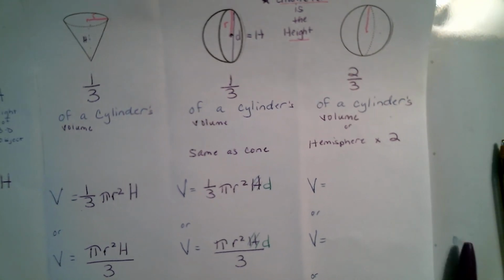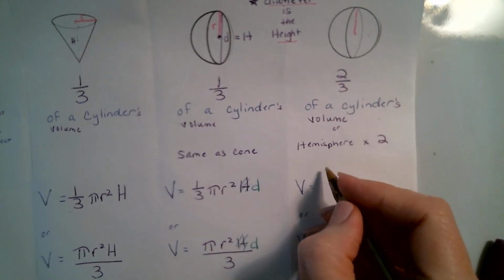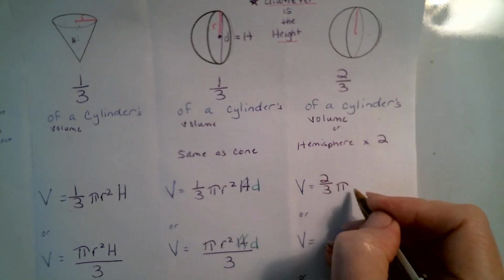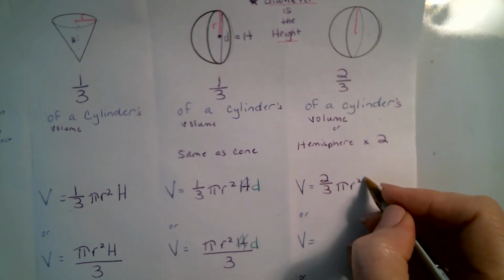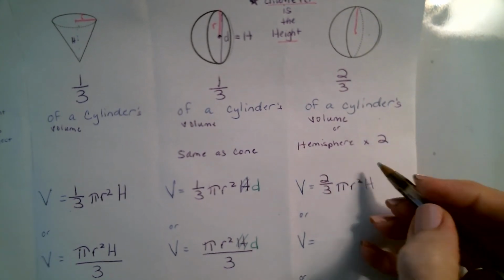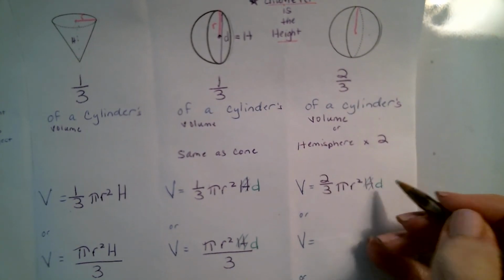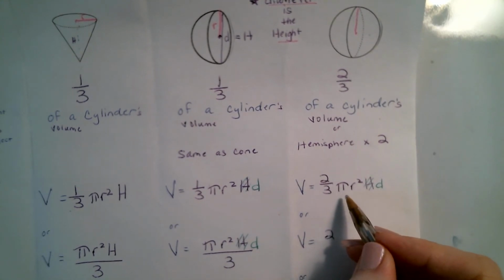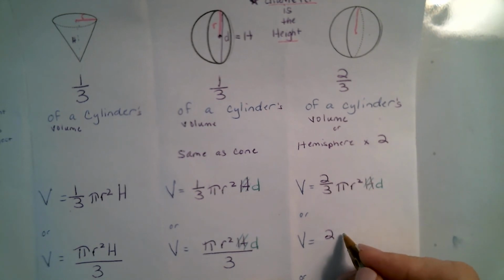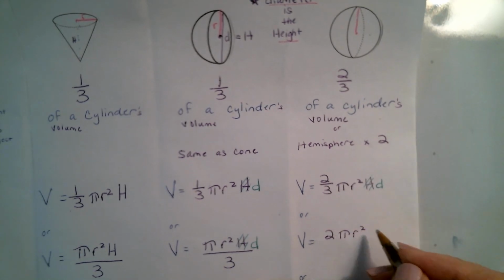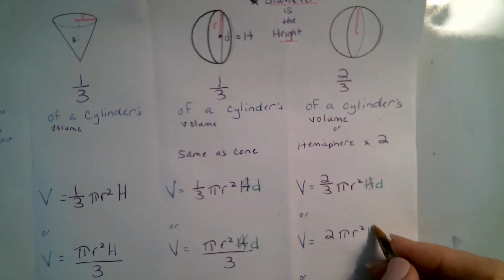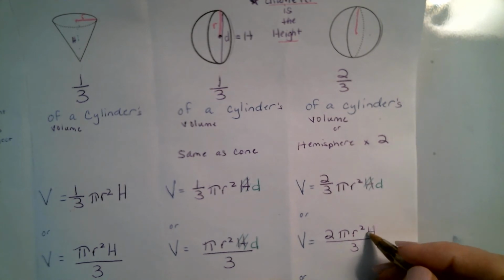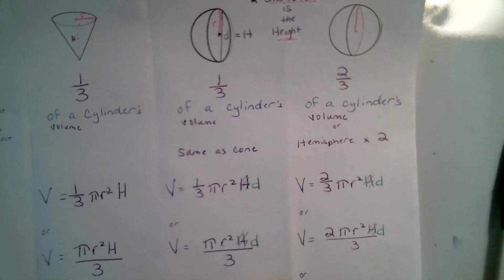All right. So we could say 2/3 of the area of the base, pi r squared, times the height. And remember, we could instead use diameter. Or we could think of the invisible denominator here. It could be 2 pi r squared times that height divided by 3. And again, that could be diameter instead.